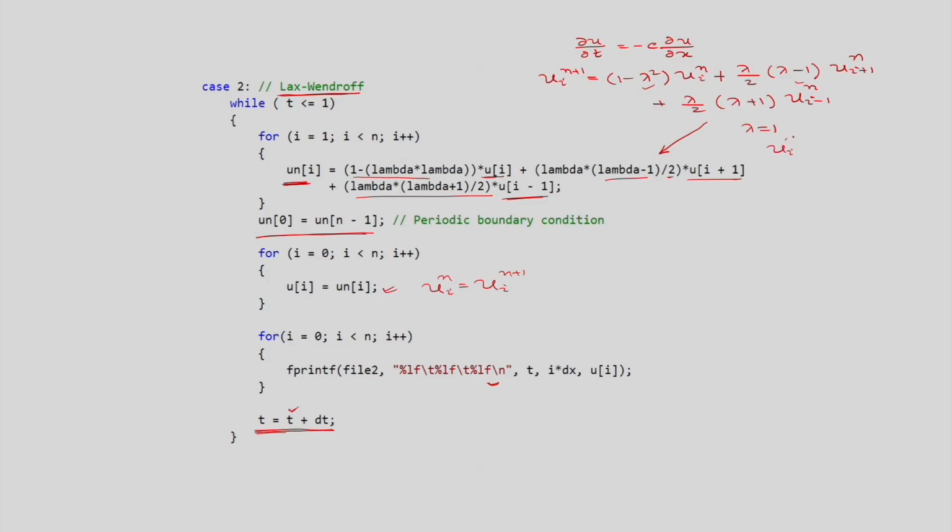Here also you will get the exact solution, u_i^(n+1) equal to u_(i−1)^n, because (1+1)/2 becomes 2 by 2, which is 1. So if the λ value is close to 1, it will give the exact solution.